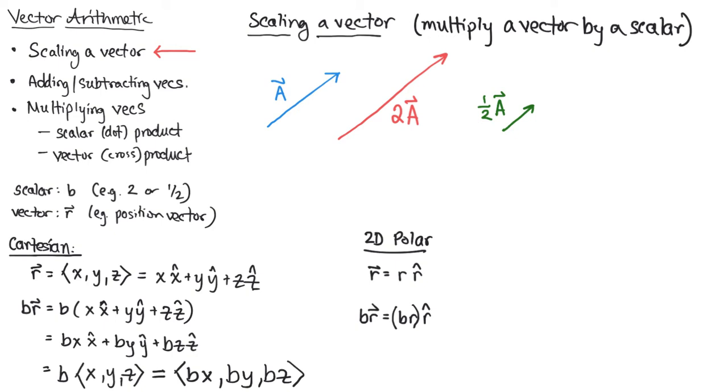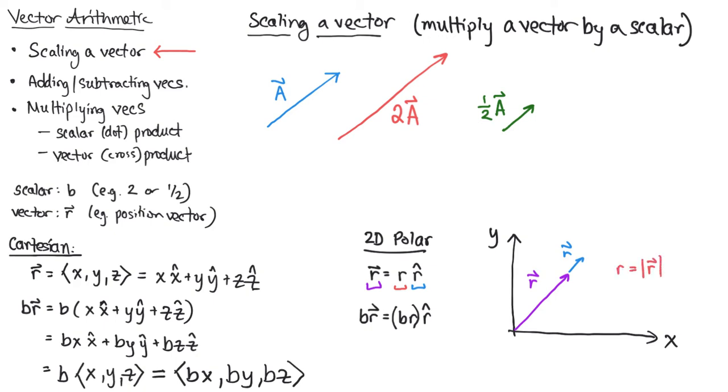So we can show this graphically. If I bring in this here, I have a couple things going on. I have my unit vector r hat in blue, and I have my purple vector, which is the position vector r. And what about this r? Well, that is the magnitude of the purple vector.